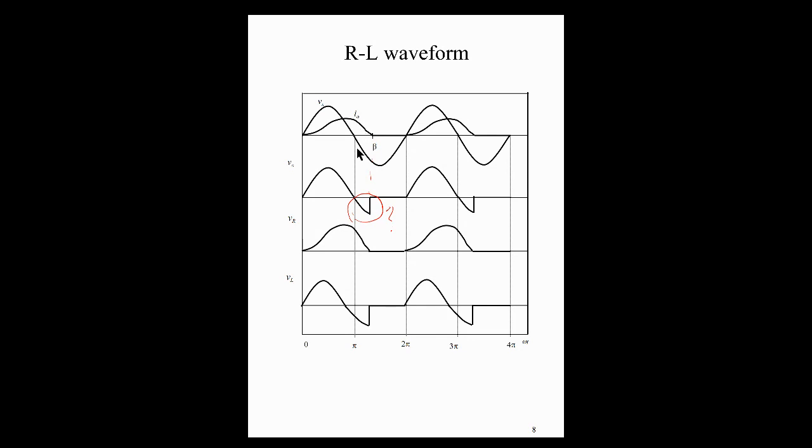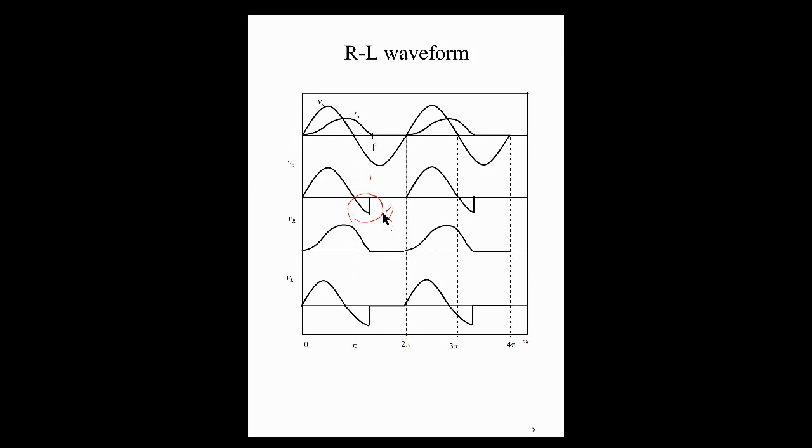So here the voltage was positive, so in response to a decrease in current, we have a negative voltage, right? That is why we have this peak in the negative direction.